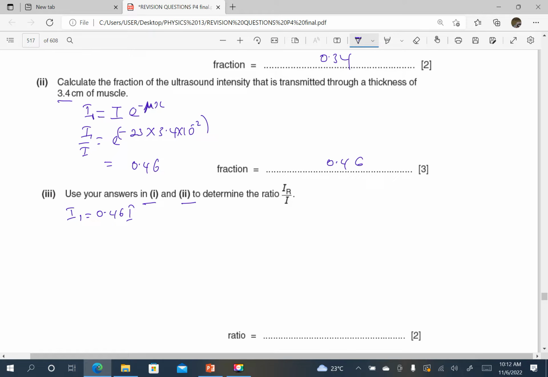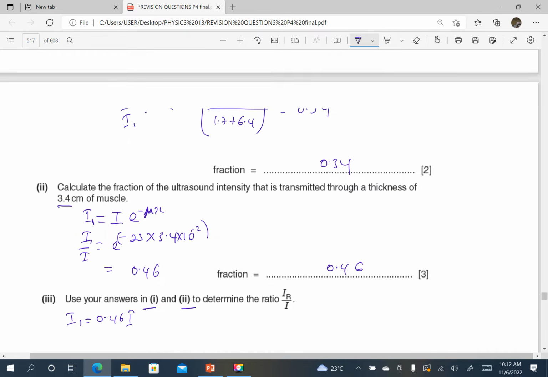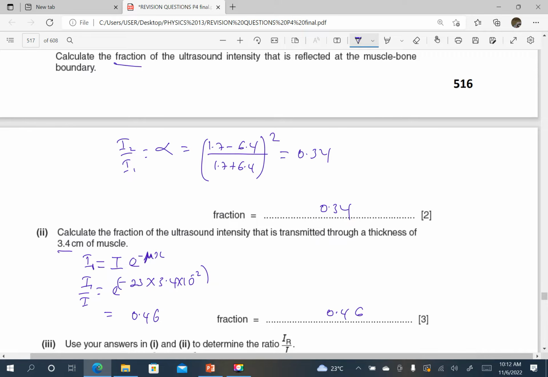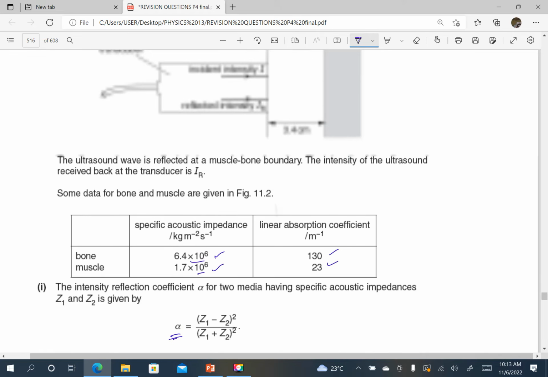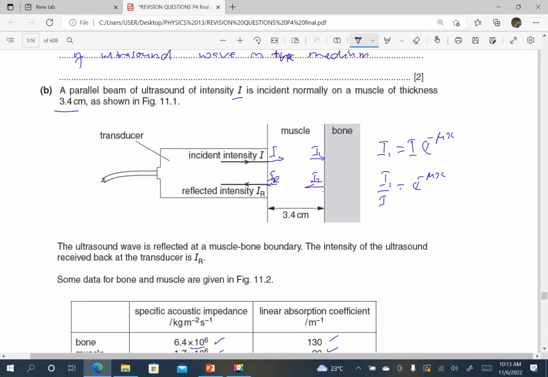And the intensity which is reflected at the boundary is given by the first expression, that is I2 over I1 is equal to 0.34. So it means I2 is equal to 0.34 times I1. Now, the ultrasound is being transmitted back from the boundary. It is leaving as I2 and it arrives here as IR.